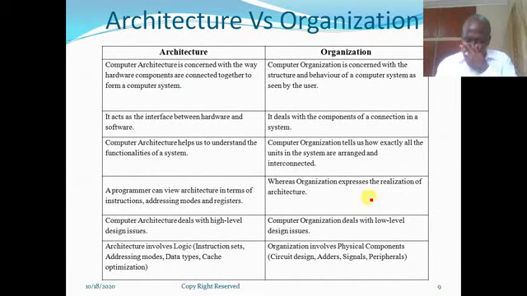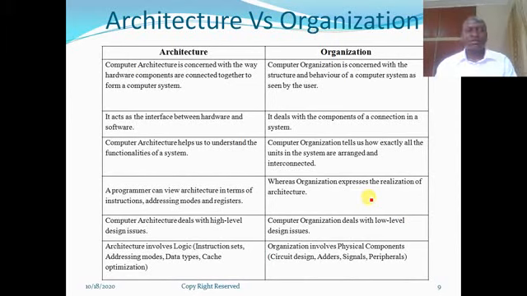In this particular table here, we just make an attempt to put on a fly the difference between computer architecture and computer organization, and I will just quickly run through them. On the left hand side, it says computer architecture is concerned with the way hardware components are connected together to form a computer system, while computer organization is concerned with the structure and behavior of a computer system as seen by the user.